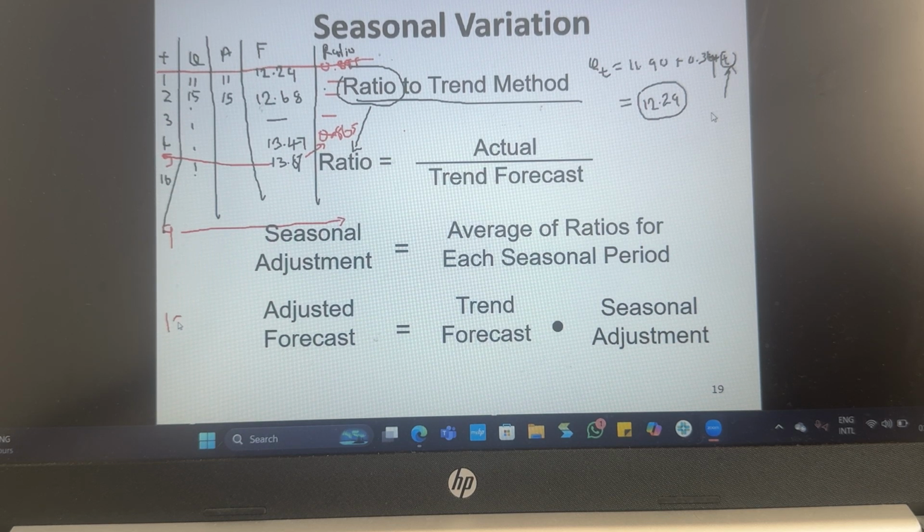Excuse me, sir, the equation I got is a little different from what we took in the class. I got A as 10.4 and B as 0.47. So with that, all my other information changes.